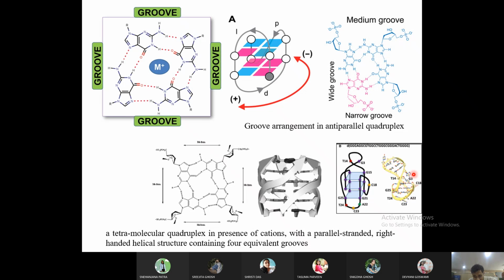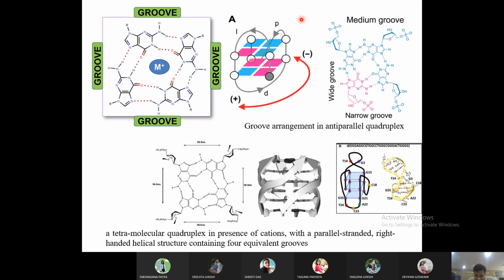So the groove arrangement will be complicated like this. There are two wide grooves, one medium groove and one narrow groove. It is very difficult to visualize, but just see from this figure. Groove means we just see from the sugar to sugar. So this is medium distance, this is very wide, and this is very narrow.